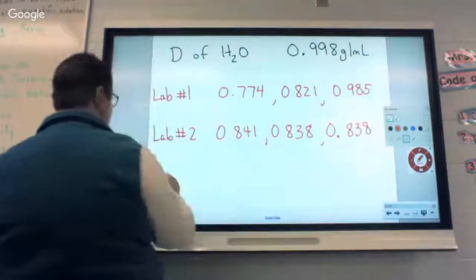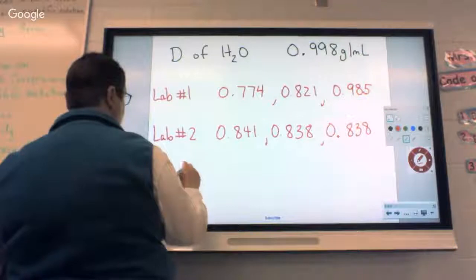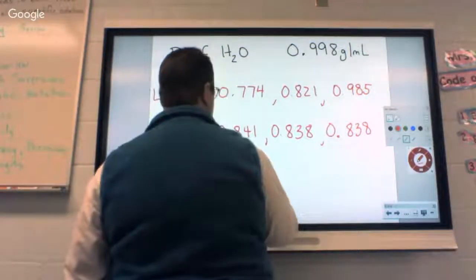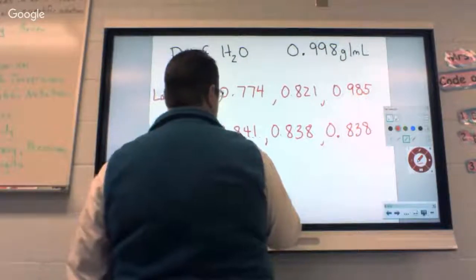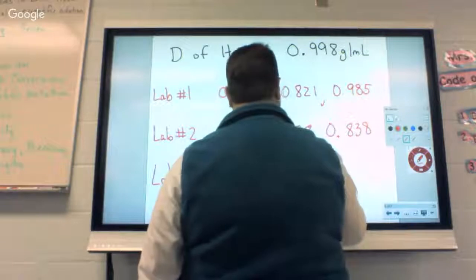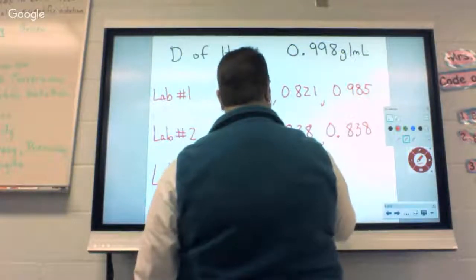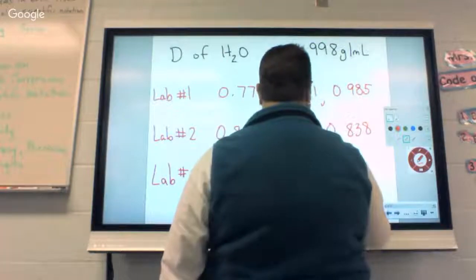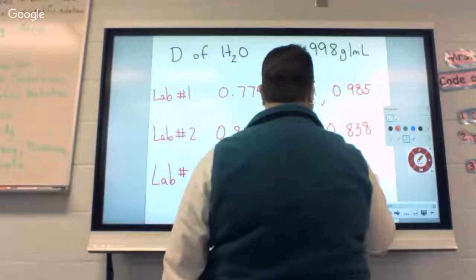Then lab group number 3 has 0.990, 0.899, and 0.99.